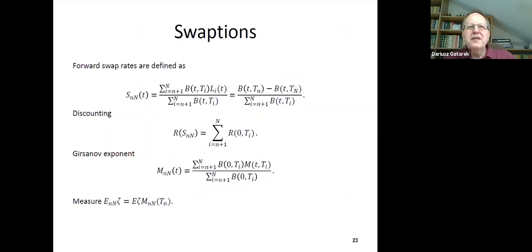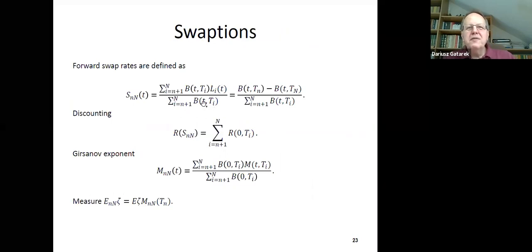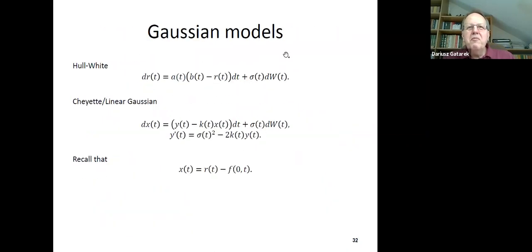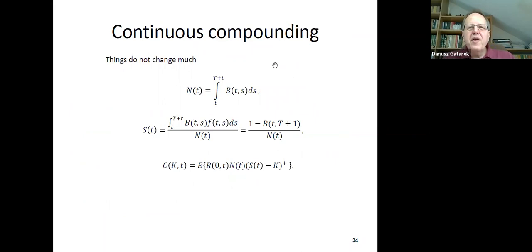No, that was swaptions. Yes, here we had discrete compounding, so sums of zero coupon bonds. And now we are moving to continuous compounding. In practice, it doesn't change a lot.